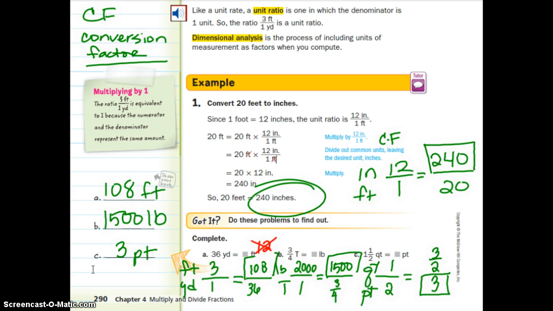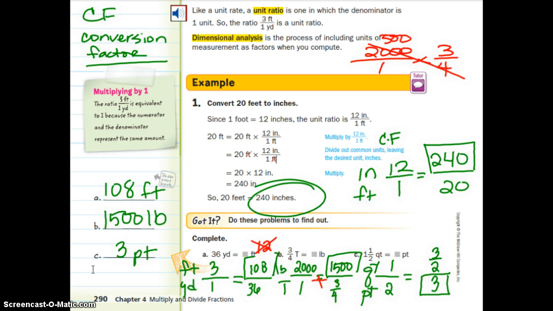Let's look at the ton. In this case, we have a fraction. So we're setting this up as a cross multiplication problem. I'm going to cross multiply 2,000 times 3/4. 4 goes into 2,000 500 times. 500 times 3 is 1,500.